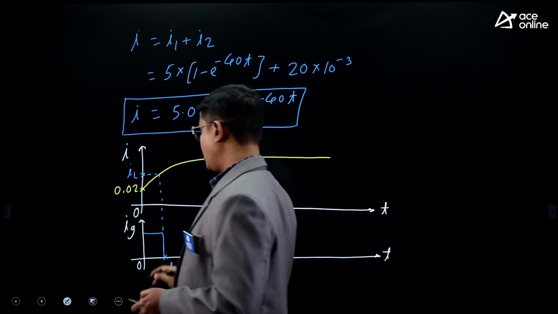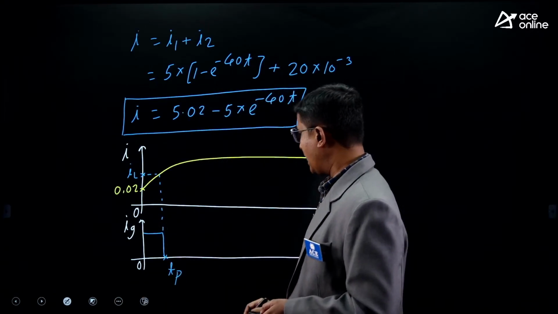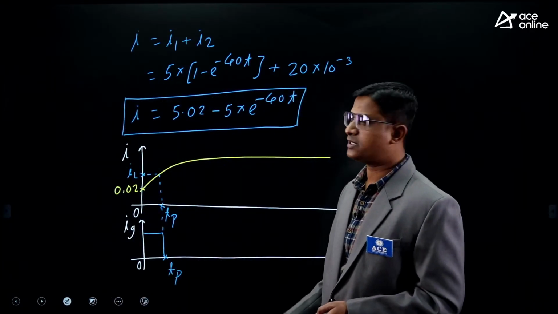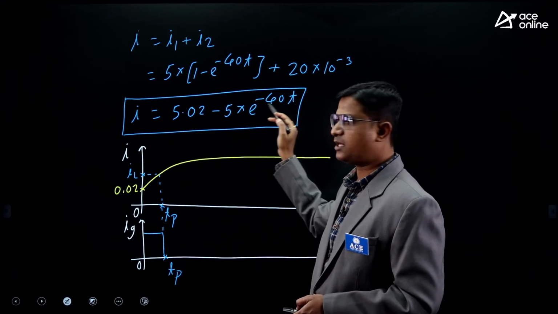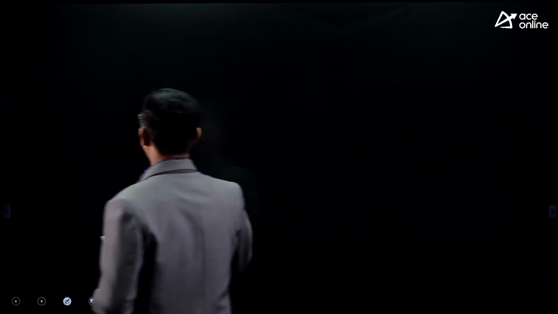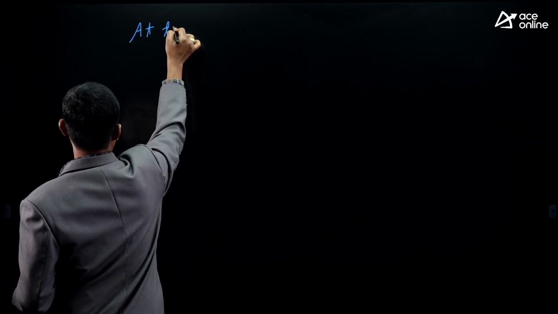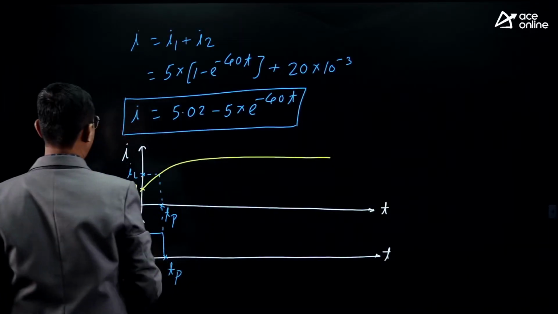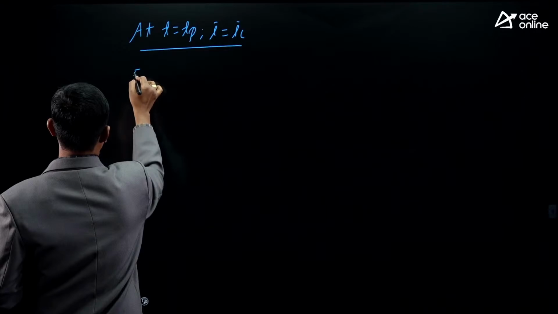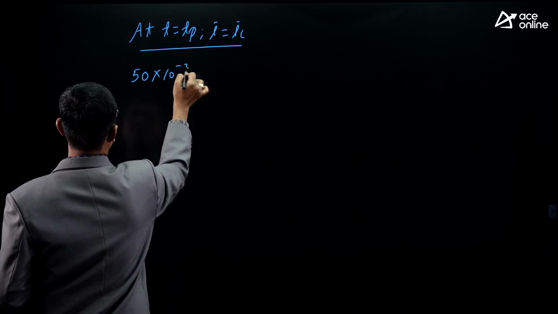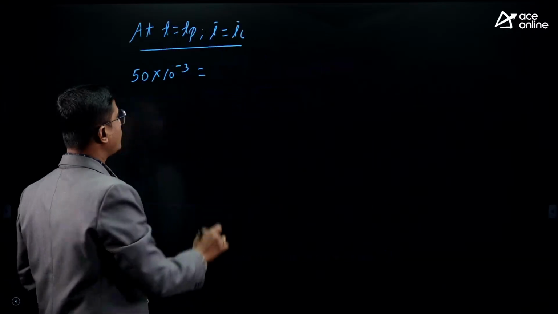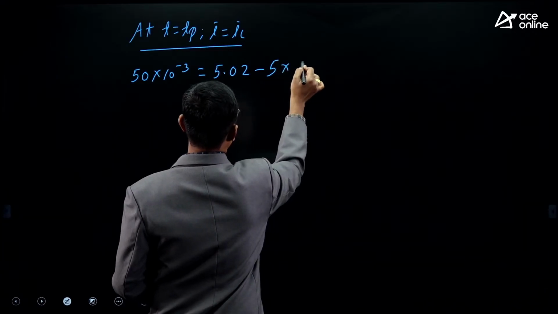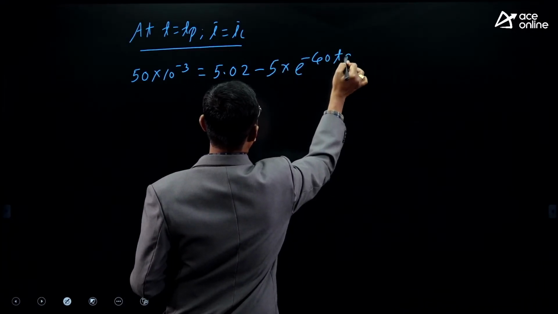Alright. So this we need to find Tp. How to find? At t equal to Tp, I is equal to IL. Simply put in this expression, replace T with Tp, replace I with IL. So we can write IL is 50 milliampere. 50 into 10 to the power minus 3 is equal to 5.02 minus 5 into e to the power minus 40 into Tp.